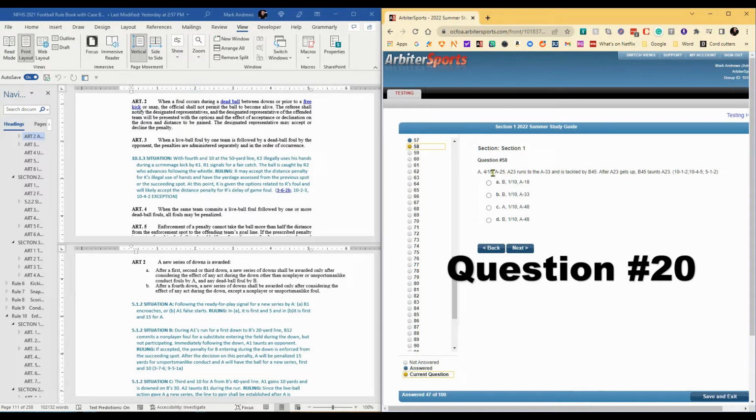A did not make the line to gain, right? It's 4th and 15 at the A25. They would have had to get to the A40. They didn't. So we are going to give B the ball, but we are going to penalize them 15 yards from the A33. So it'll be B's ball, 1st and 10 at the A48.